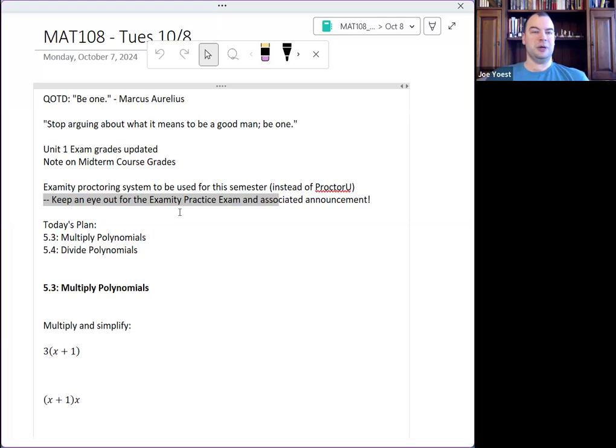It's basically just a dummy exam with a few questions thrown in there. You go in, fill in some answers, submit or close out the Examity session, just to make sure everything works right.